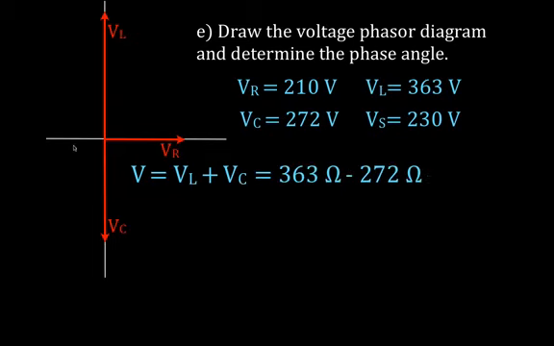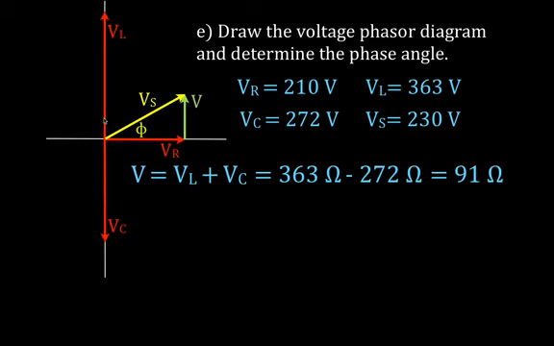I'm going to add all three of these vectors again vectorially, which we already did this once before with the impedances, with the reactances. So I'm just going to do this. We get that if you add this vector and this vector, then you get 91 ohms, and that's represented by this vector. Now I'm going to add them all up again. Remember, this is vector addition, head to tail. The sum of those two vectors is represented by that vector, and that vector should be the source.